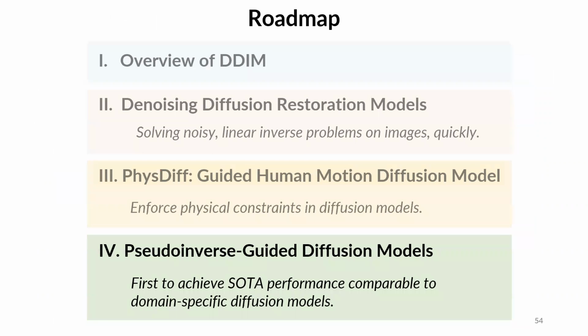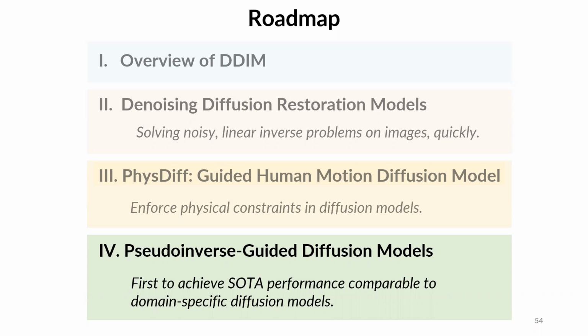So finally, I'm going to talk about this recent ICLR work on pseudo-inverse-guided diffusion models. As I work in industry, people care more about whether it works in practice than about technical novelty. So my manager asked me, if I run the denoising diffusion restoration models on image super resolution, what's the performance compared to if I just train a model directly for super resolution?